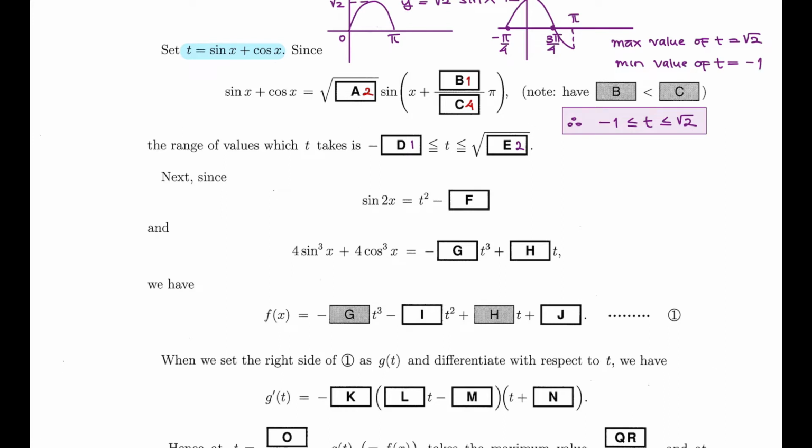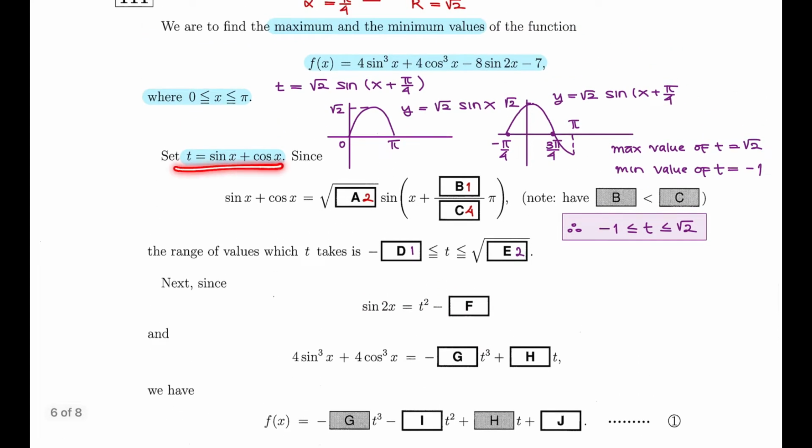Next, sine 2x equals blah blah blah in terms of t. I want to find sine 2x in terms of t. The equation in terms of t that we have in this question is only t equals sine x plus cos x.